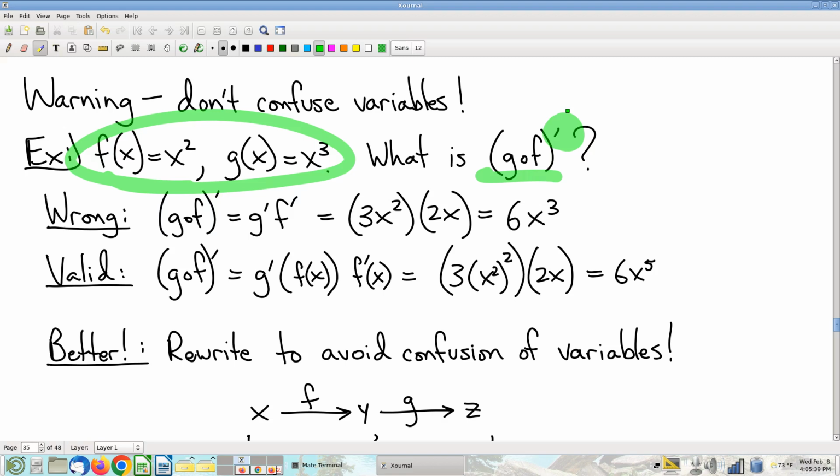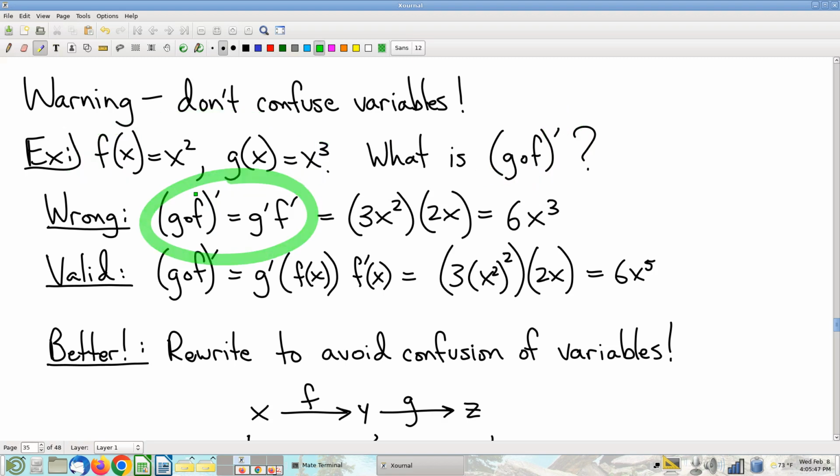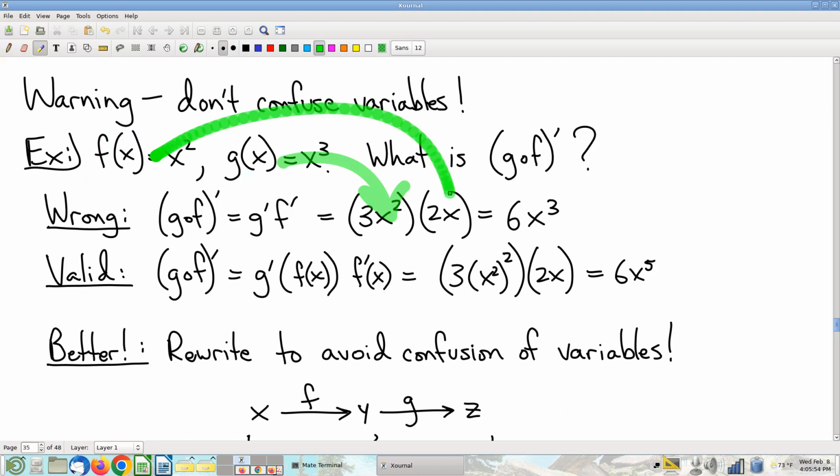We know the answer needs to be 6x to the fifth. Casual observation, right? But if you are a little too casual with your chain rule, and you just write down, well, here's the derivative of g, and here's the derivative of f, and you just kind of write them down, notice you get a wrong answer.